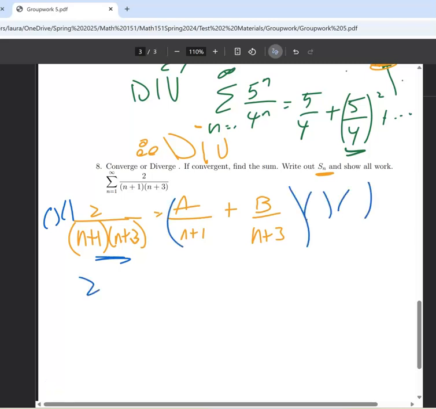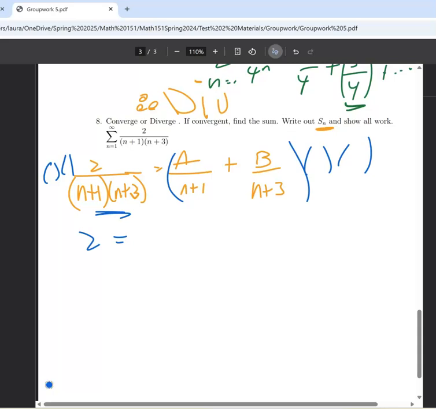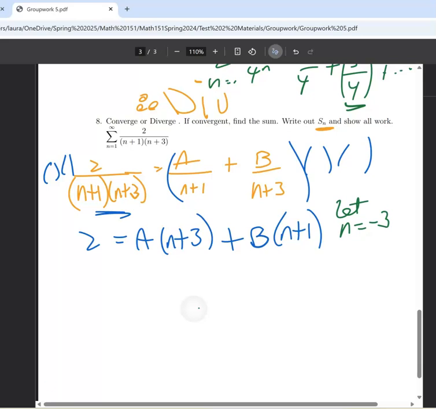So I get 2 on the left-hand side, and I would get A times n plus 3 plus B times n plus 1. Choose your wise numbers. So one of the wise numbers would be negative 3. So that would give me 2 equals negative 3 plus 1 is negative 2 times B. So here I get B is equal to negative 1.